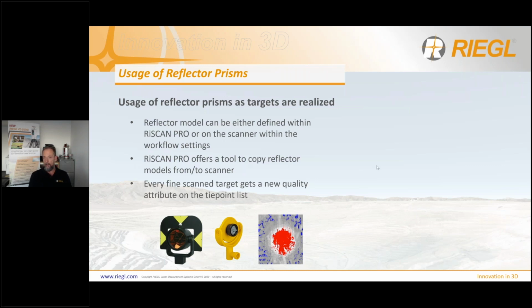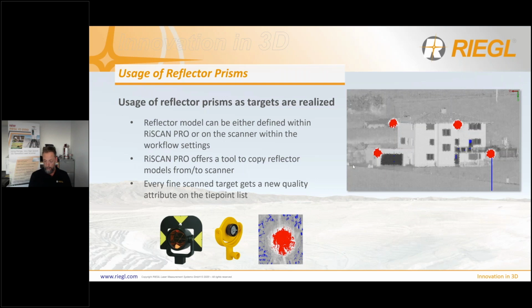So we have here a typical scan with prisms. You see here is a building. Here we have 4 prisms. And sometimes, if the amplitude values are too high, we switch off the detector of the scanner, and then we have this typical blue line underneath the target or on top of the target. But this is nothing wrong.